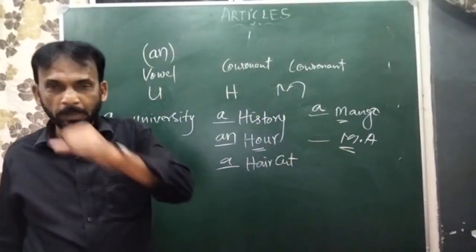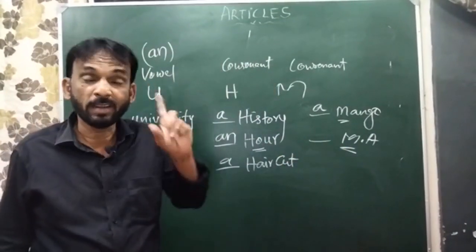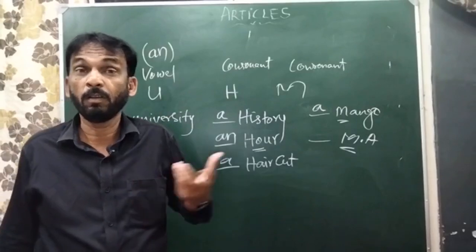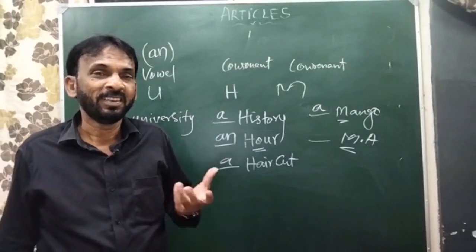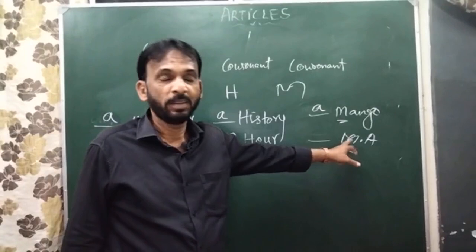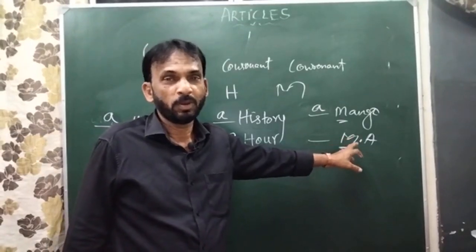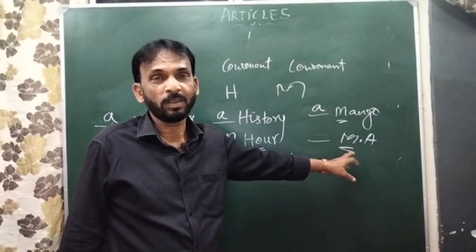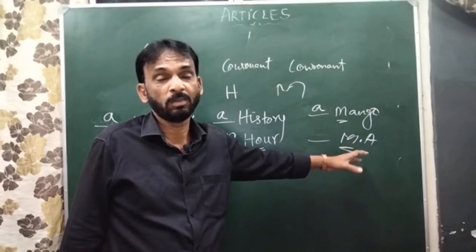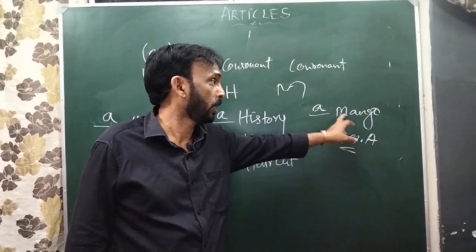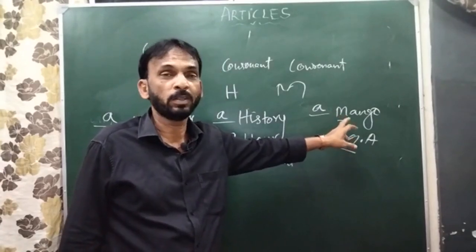Here I will use the article an. Why, sir? Because it is not the sound of M, it is producing the E sound, not the A sound. For example, in mango, it is the ma sound, which is correct.